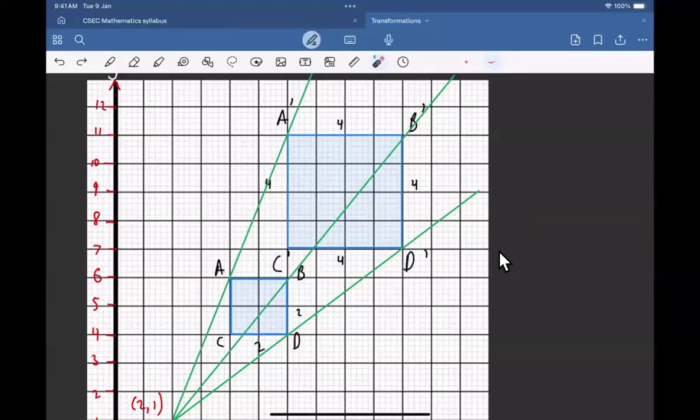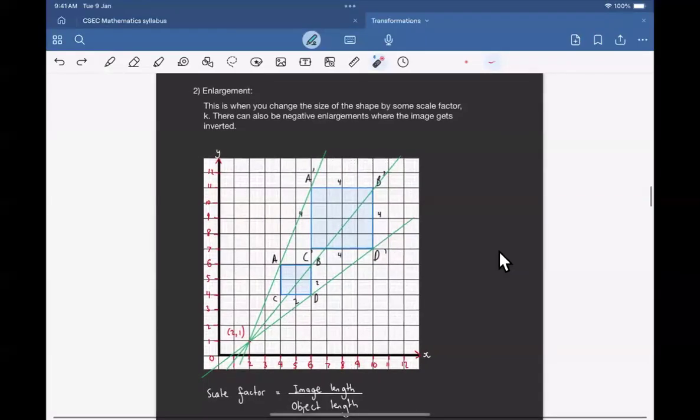But in this case, are we translating? Oh no, you're enlarging. So the object is the original thing. Anytime you do something to the object, you get an image. In this case, we enlarge it.